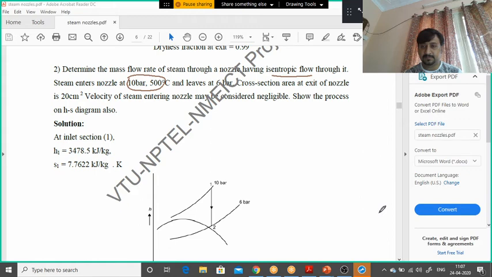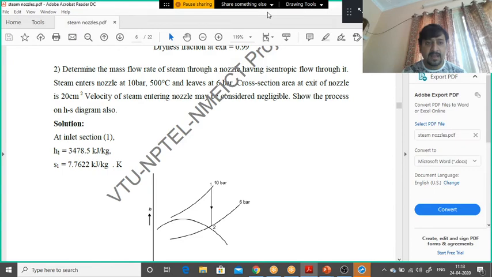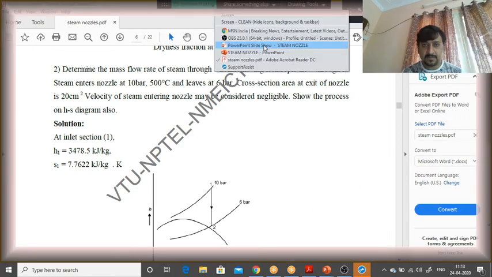Determine the mass flow rate through the nozzle having isentropic flow through it. Steam enters a nozzle at 10 bar, 500 degrees Celsius. This much we should remember, and the area is 20 centimeters square.